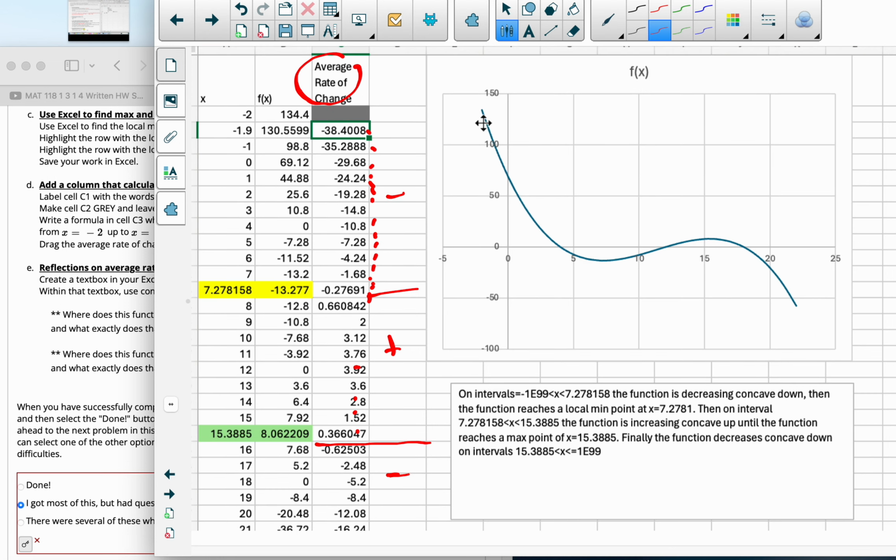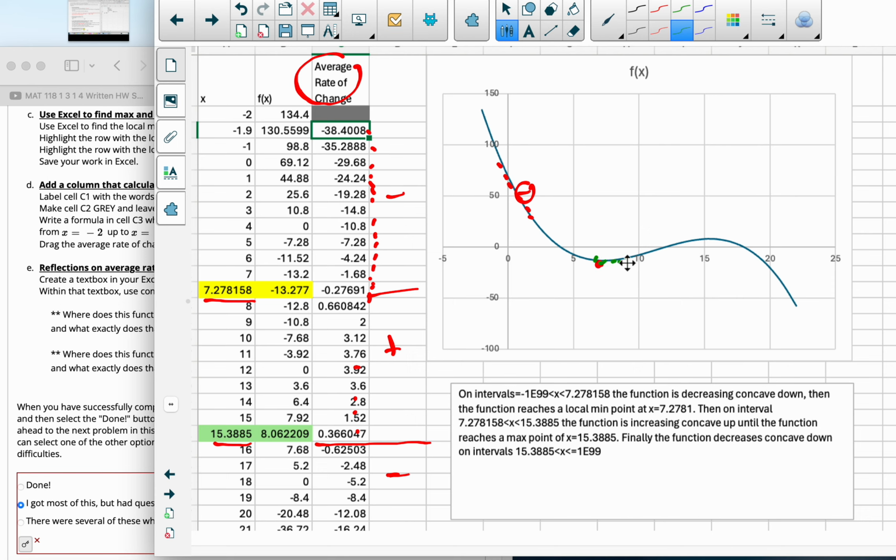So from these negative values, my rate of change is negative all the way up to here. Then it changes between an x value of 7.27 and 15.5.